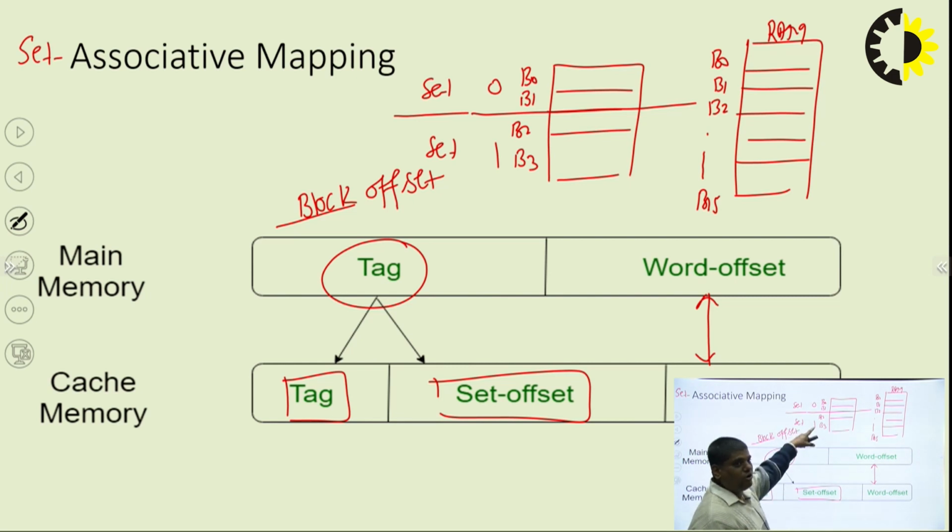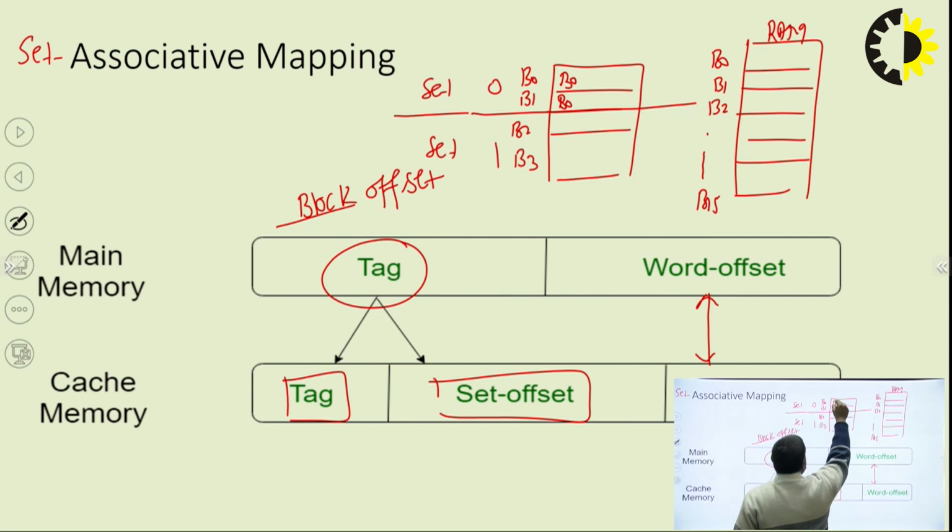It means 4 blocks can be accumulated in B0, 4 blocks in B1, 4 blocks in B2, and 4 blocks in B3. Block B0 can accumulate in set 0, either in block 0 or block 1. Similarly, B1 is accumulated here and here.